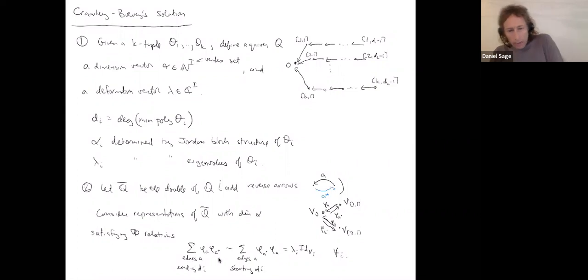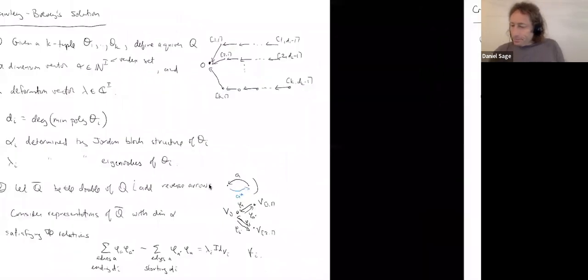These are the ones where you go out on a dual and in on the original, and you subtract off the ones where you go out on the original and in on the dual. When you add all these up, this is an endomorphism of your vector space at the vertex, and we want it to be a multiple of the identity, where the multiple is determined by this lambda i.